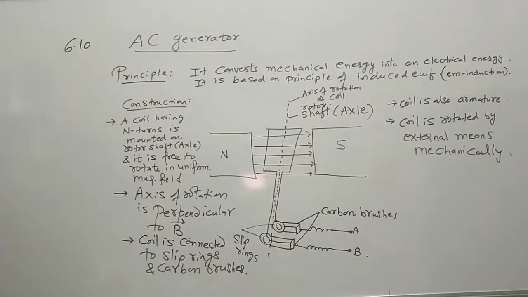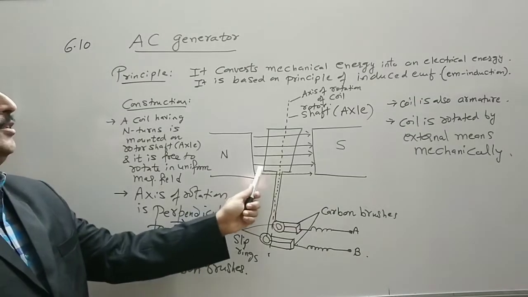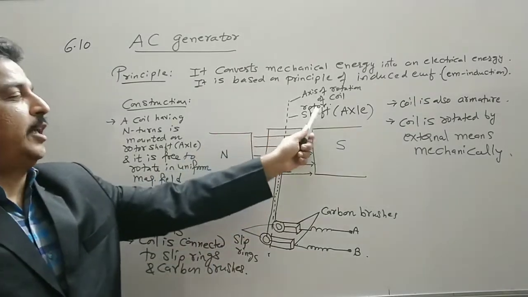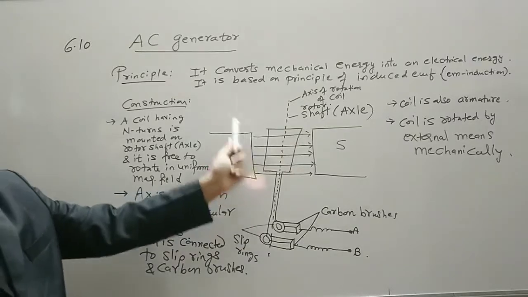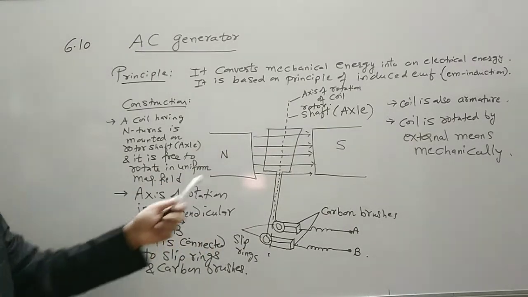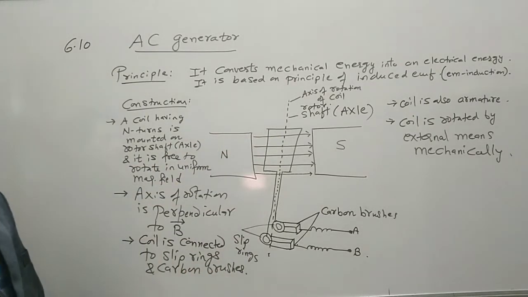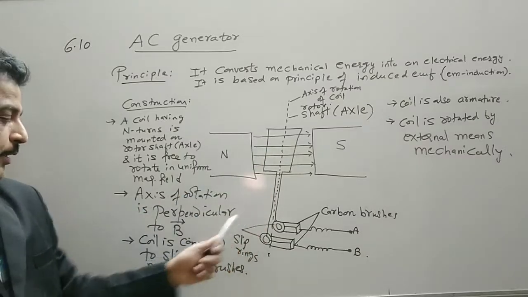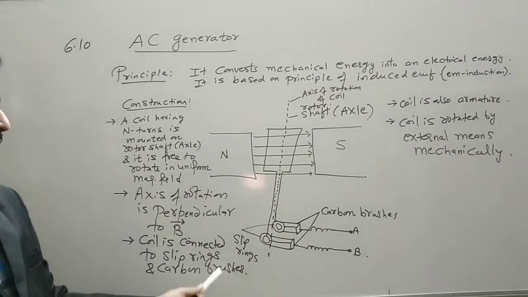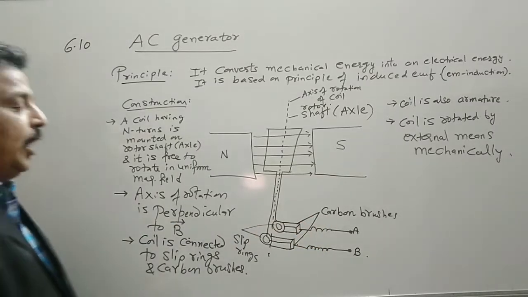So this is the basic construction of AC generator, where we have a coil of n turns which is mounted on a rotor shaft or axle. This coil will rotate in the uniform magnetic field. The magnetic field and the axis of rotation are perpendicular to each other. The coil is connected to slip ring and carbon brush, across which we take out an output.